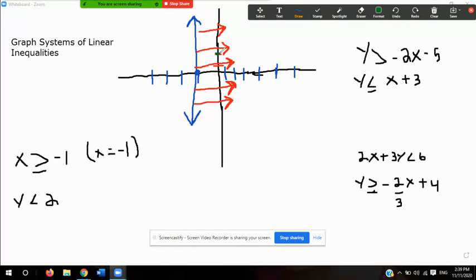But it's a dotted line because it says y is less than +2, indicating that +2 is not part of the answer. So we're going to graph that dotted line.